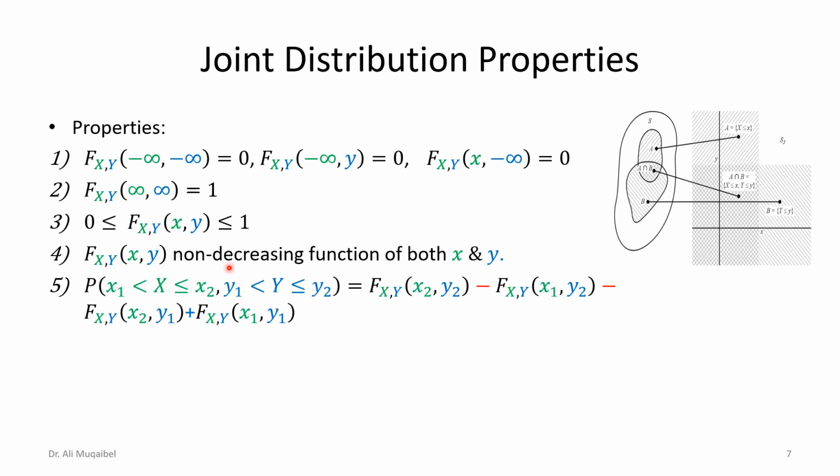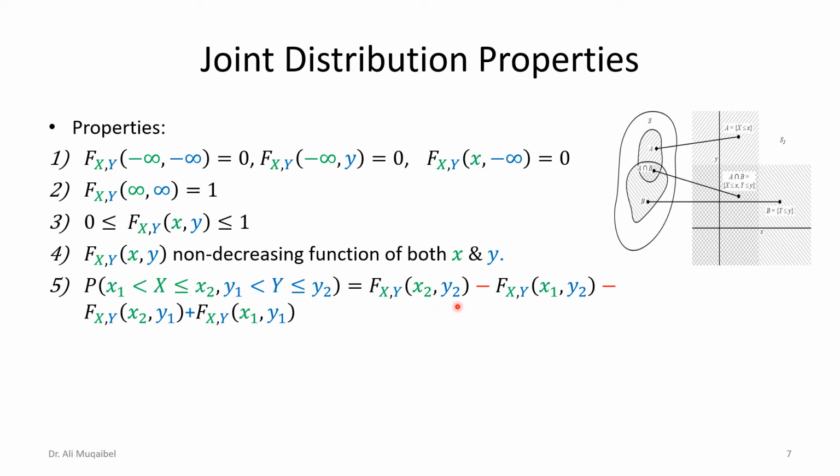And then we have also the following property. If you want to use the CDF to find the probabilities in a certain range, it was a little bit easy in the case of one dimension because you just subtract capital F at x1 from capital F at x2. But now we have 4 different terms.